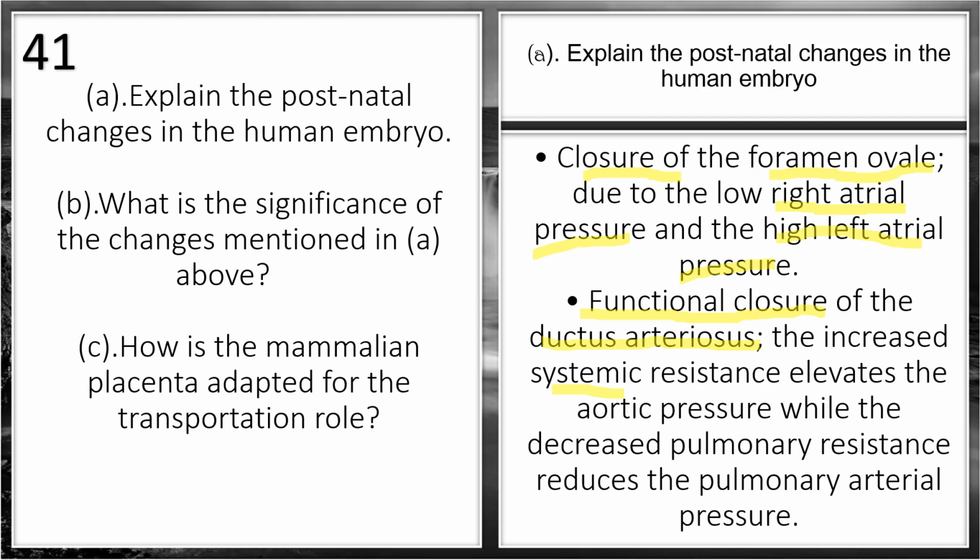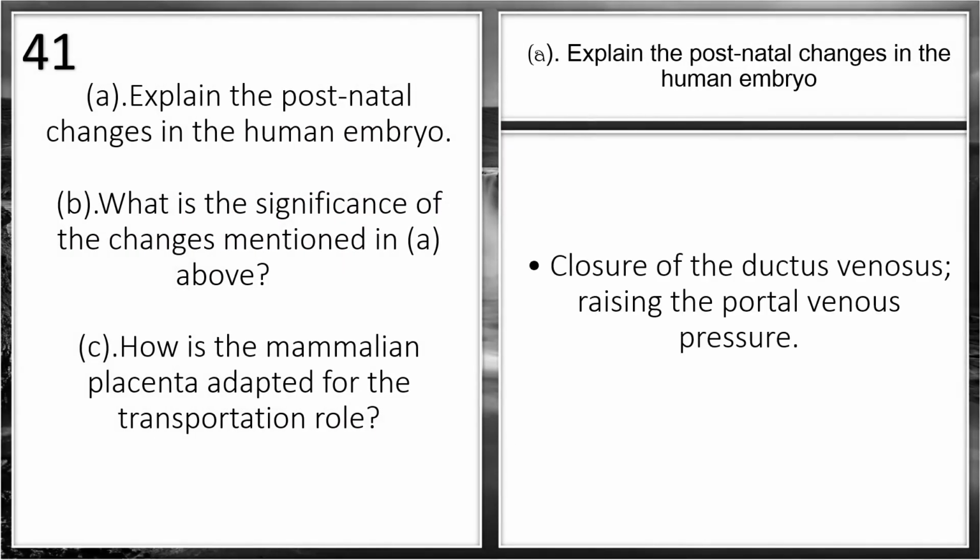The increased systemic resistance elevates the aortic pressure, while the decreased pulmonary resistance reduces the pulmonary arterial pressure. Closure of the ductus venosus, raising the portovenous pressure.